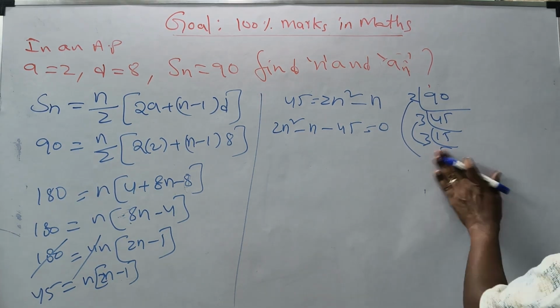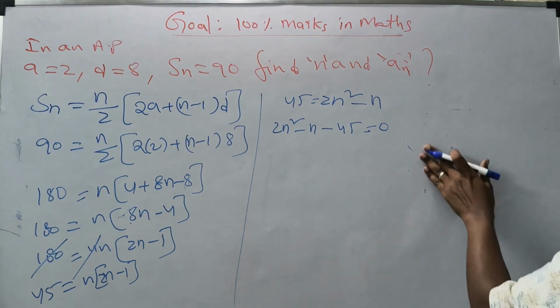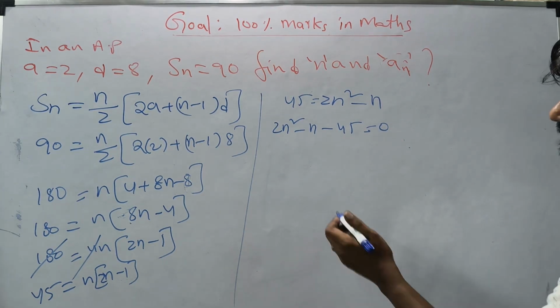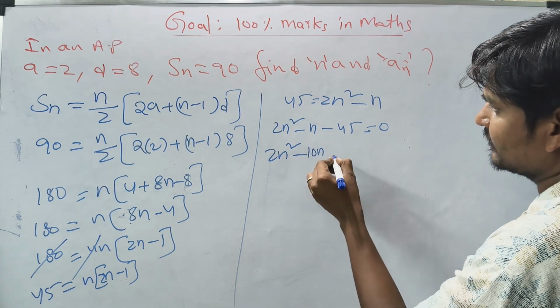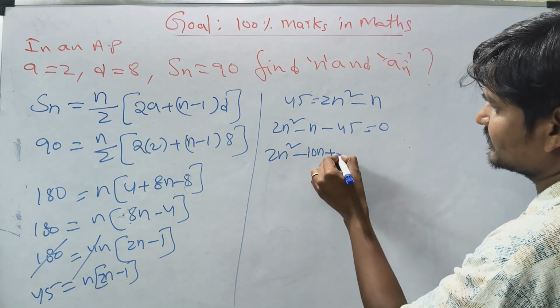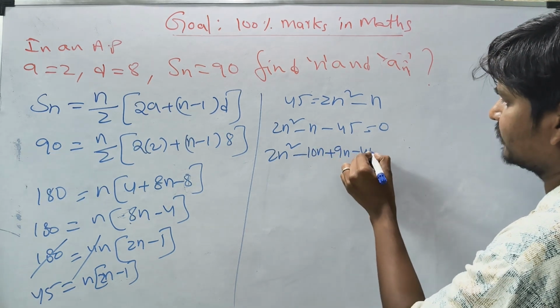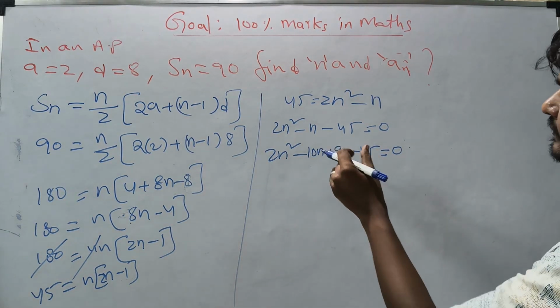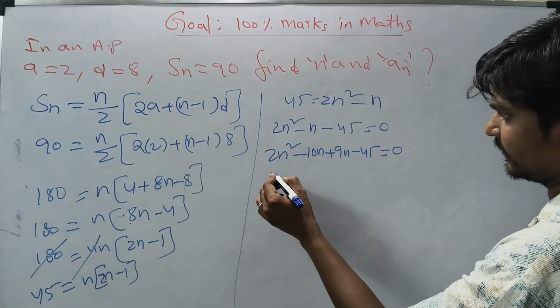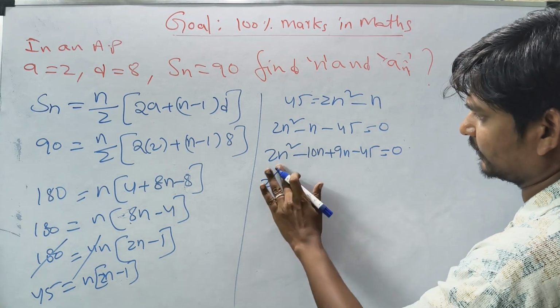So you can take this. Clear? Like this you have to find the middle terms. Now shall I write 2n square minus 10n plus 9n minus 45 is equal to 0. Correct? Yes or no? Then what will be common here? First 2n gets common. Correct?